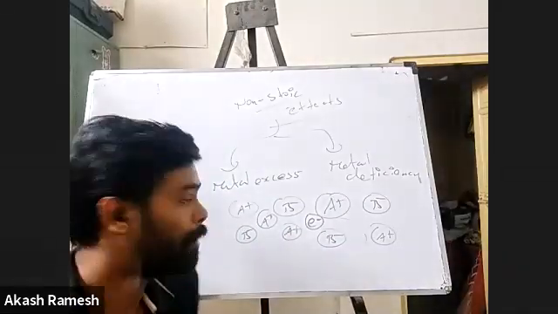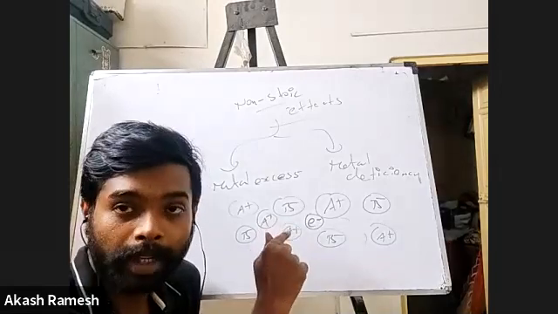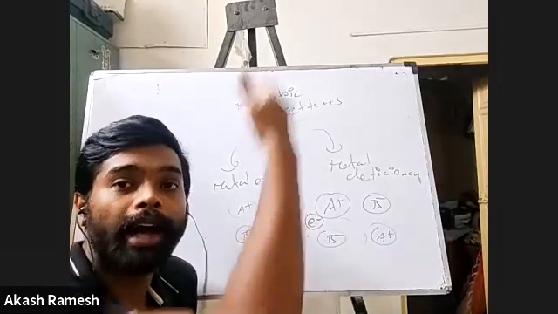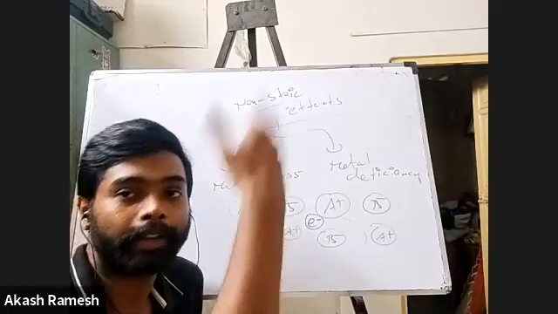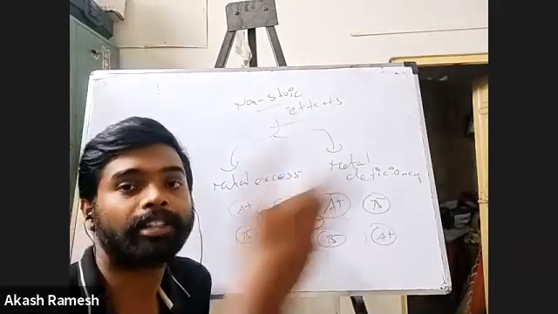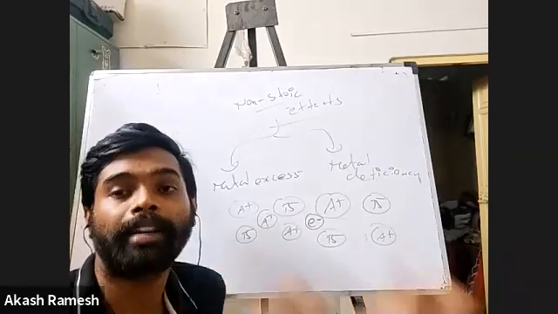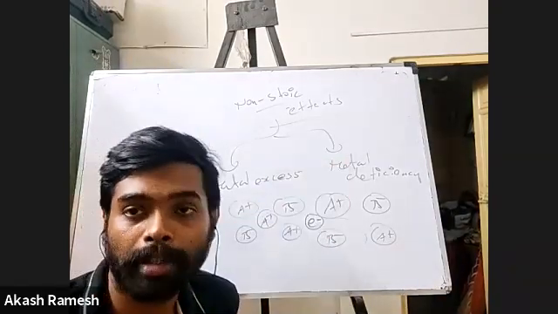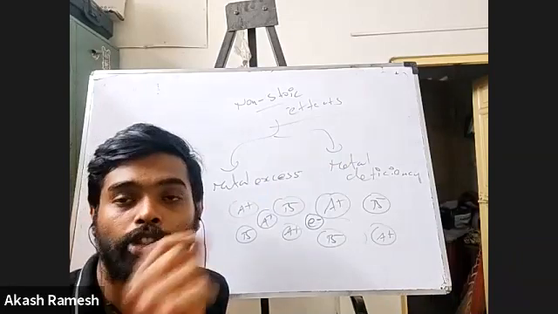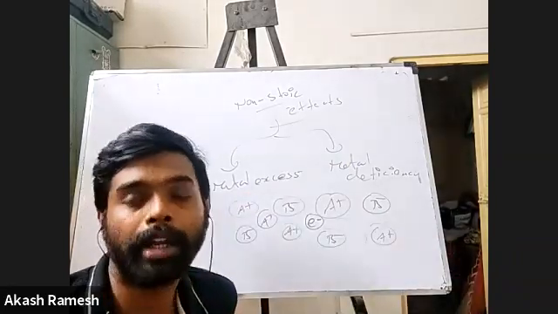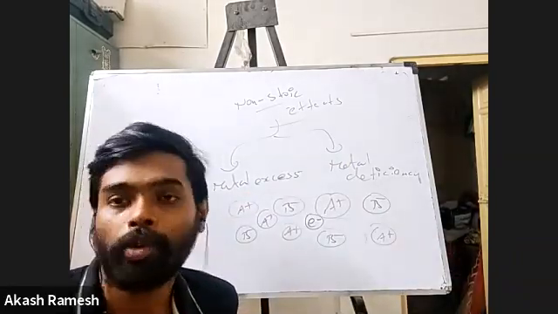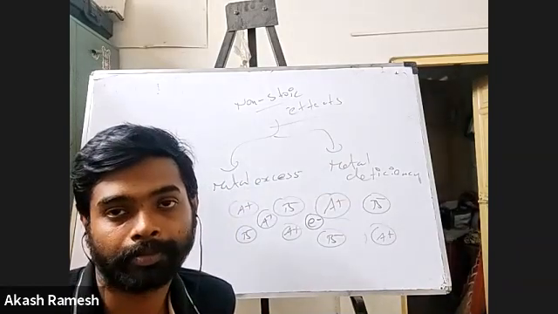Why? Because this electron is now free, so it can go to a higher level or a lower level. Say it jumps from one level to another, some amount of radiation will be liberated, right? And if that electromagnetic radiation falls in the visible region, you are going to see some color.